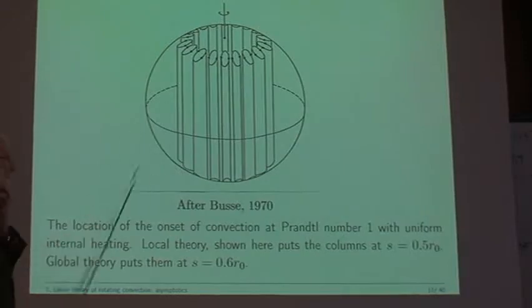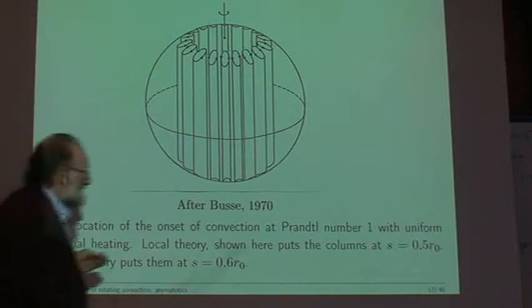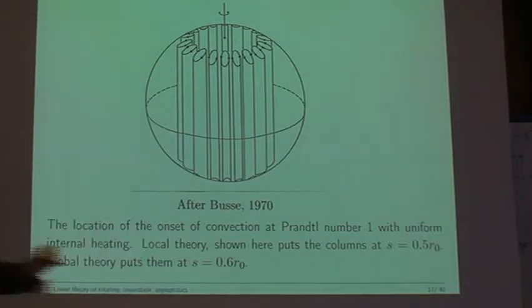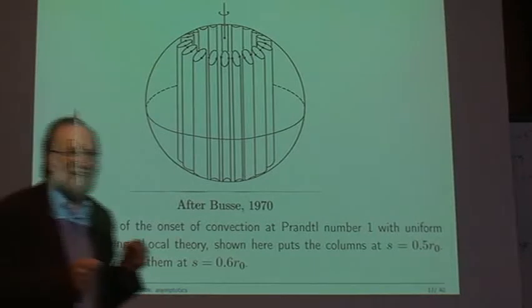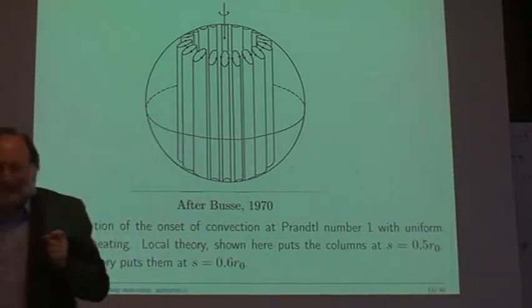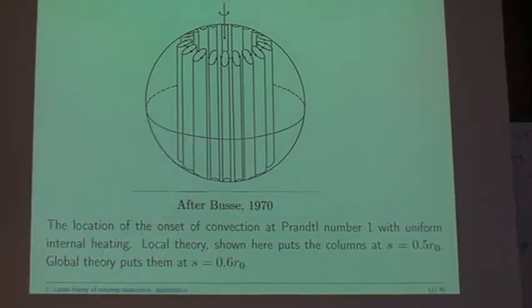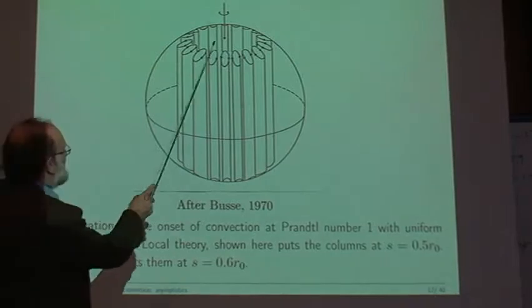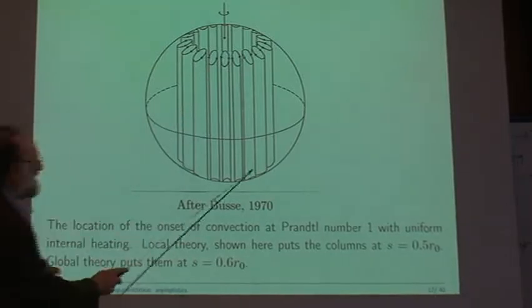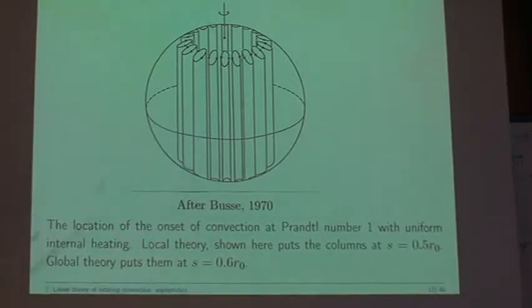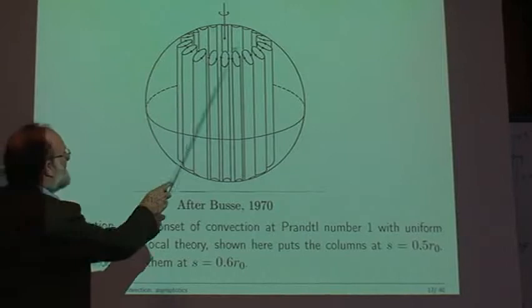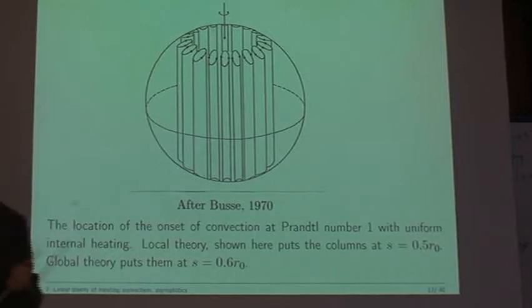This is Busse's famous 1970 picture, and it's not all that different from the picture that we're getting out from this theory. It's perhaps rather a shame that after all this huge amount of effort, the final answer is not all that different, but there is a difference. When Fritz did this, if you look closely, he very carefully drew it so that that radius there, that s there, is almost exactly 0.5, which is the local theory prediction.